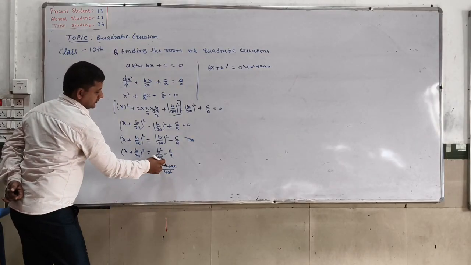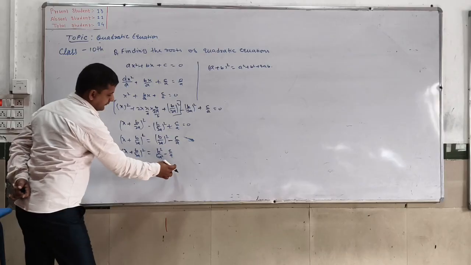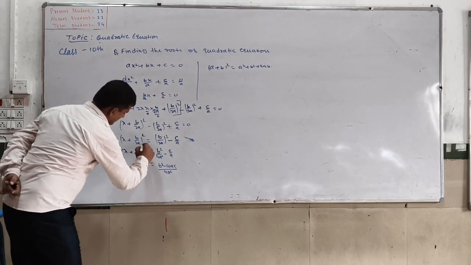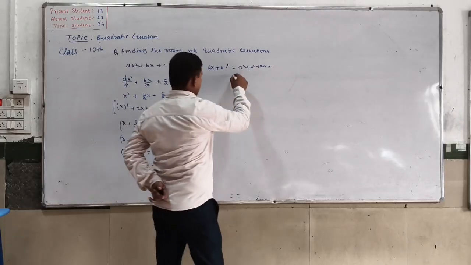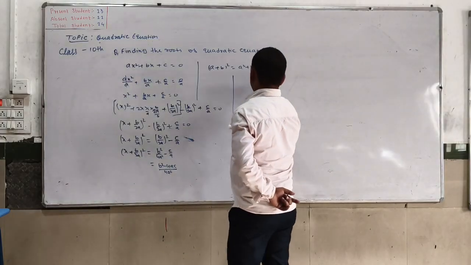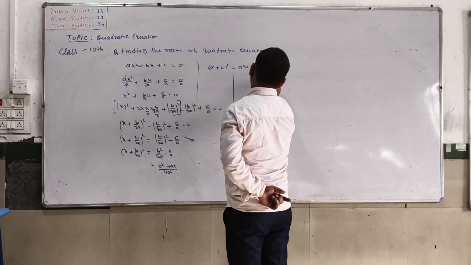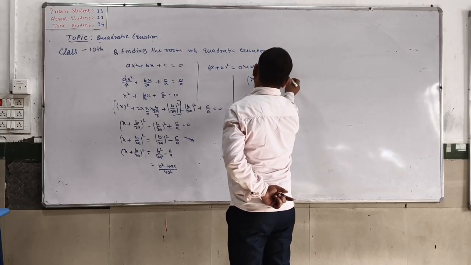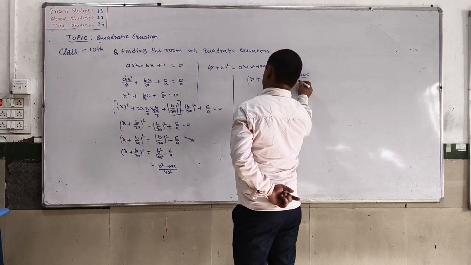One a is common, so the remaining part is 4a, and c is given, so we write 4ac. So we write x plus b upon 2a whole square equal to b square minus 4ac upon 4a square.